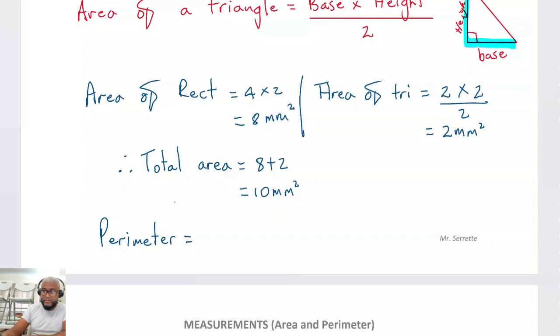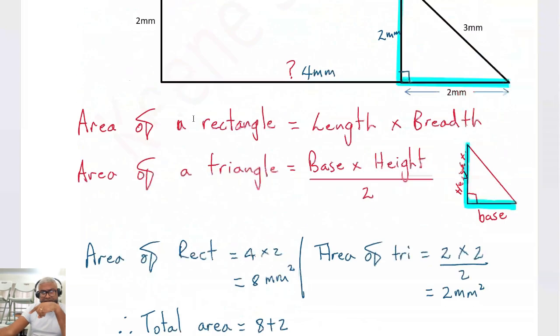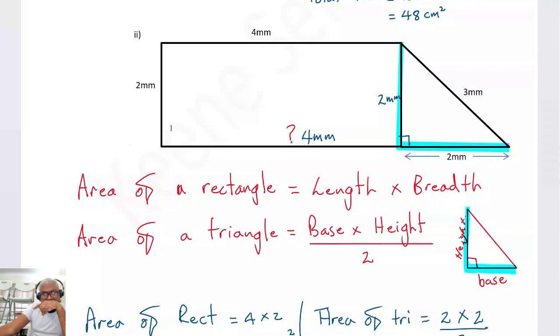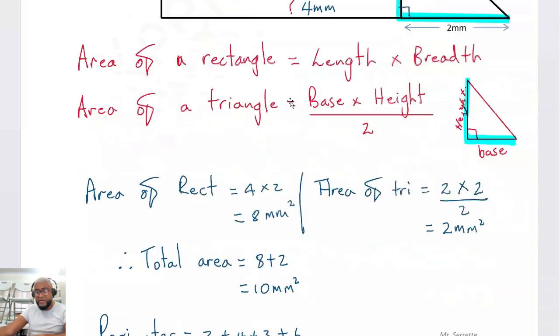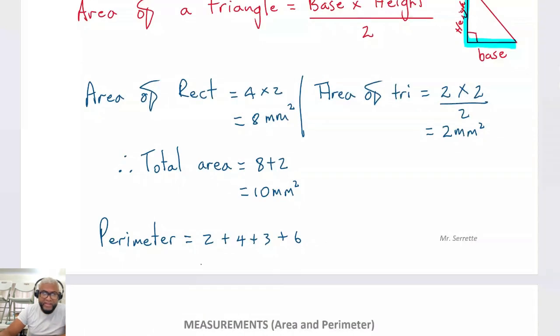I added 2 millimeters, 4 millimeters, 3 millimeters, and 6 millimeters. 2, 4, 3, 6. Yes, sir. Excellent. Remember, it's the exterior lines, right? Very good, Rudra. And you got 15, right? Yes, sir, 15 millimeters. Now, this is not area, so it's not millimeters squared, right?